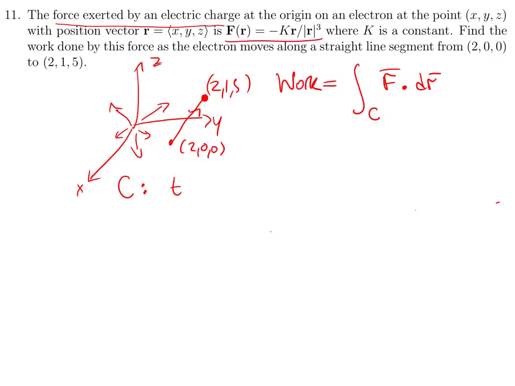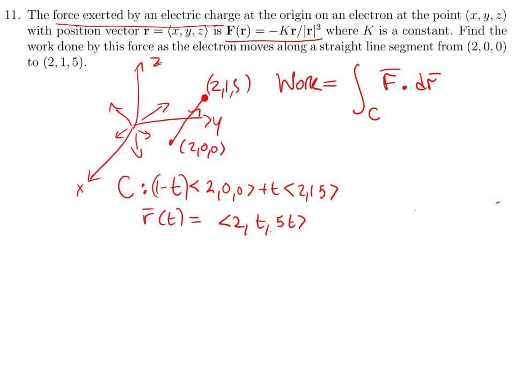We know how to do that pretty well by now. It's (1 minus t) times the starting point plus t times the final point. And so it has a parameterization r of t equals (2, t, 5t), where t goes from 0 to 1. So that's a parameterization of curve C.